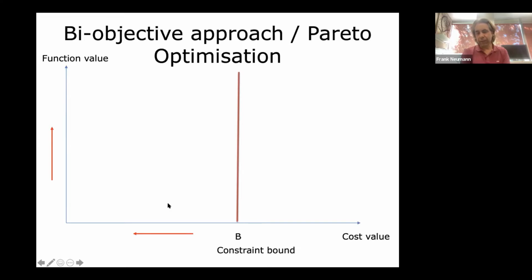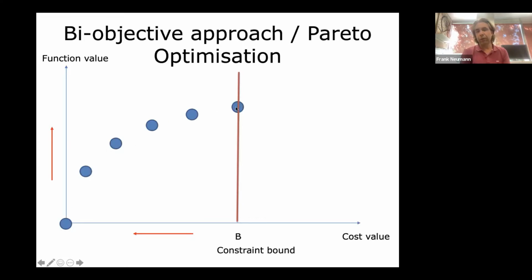And the other one is, I have a constraint that I have to meet. So there's usually some cost on the elements, and there's a bound, and you cannot exceed that bound. So this bi-objective approach is trying to maximize the function value and minimize the cost value at the same time. Okay, and then you get trade-off solutions in the multi-objective sense.